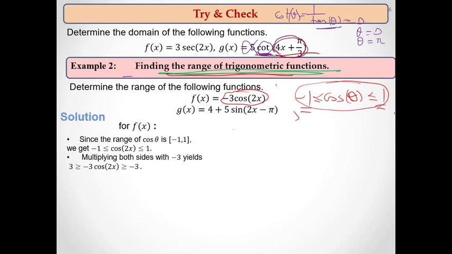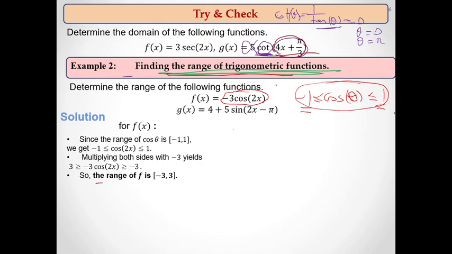Now we got this one. This is about the algebraic properties of inequalities, not solving them. Now f(x) is between -3 and 3, and we can directly say the range of f is -3 to 3.